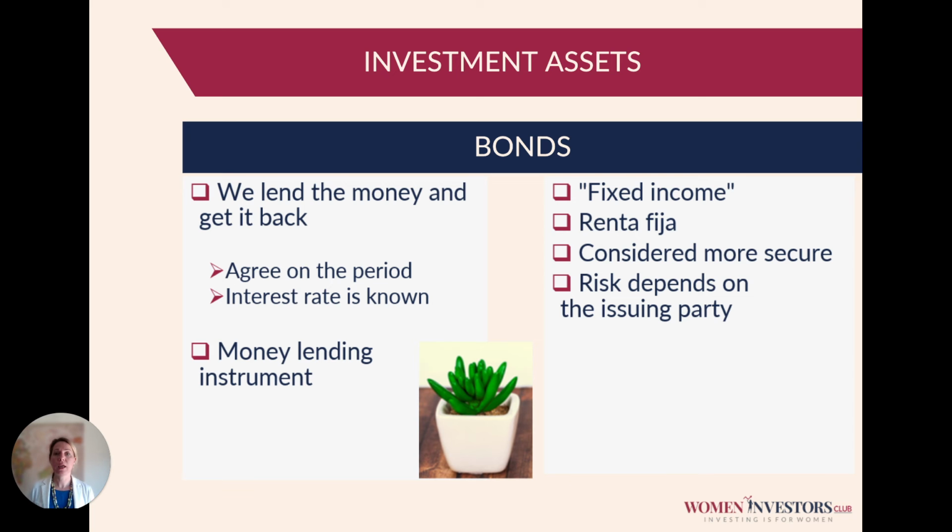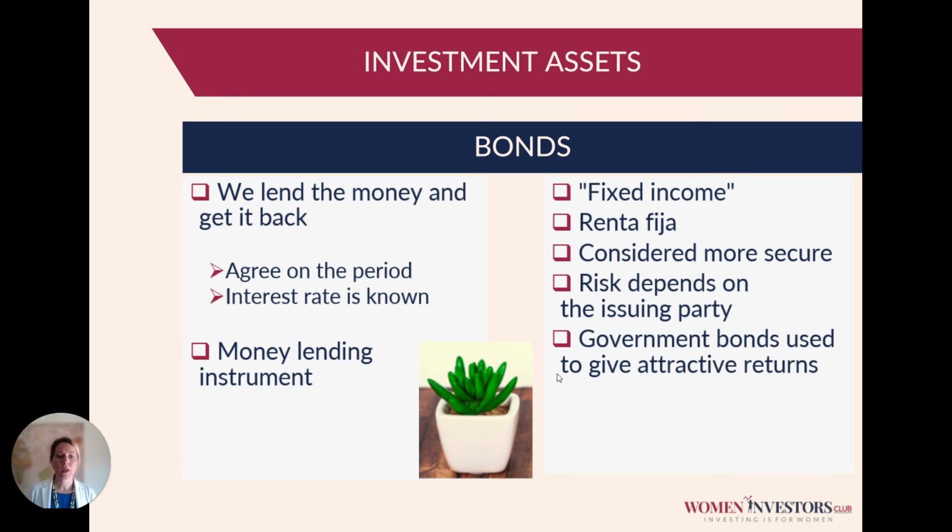Also, we hear mainly about bonds issued by governments. Again, the risk will depend on the type of government we are dealing with. There will be a difference between the German government and the Argentinian government. So bonds are this kind of financial asset. Government bonds used to give attractive returns.